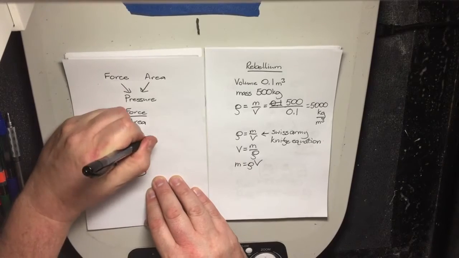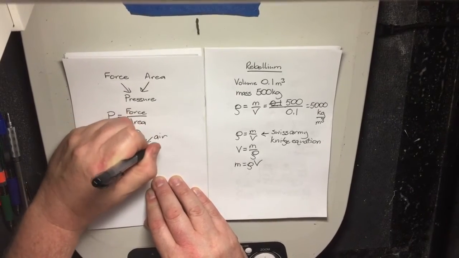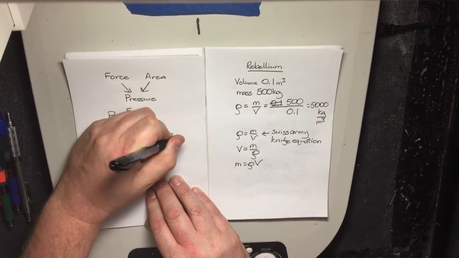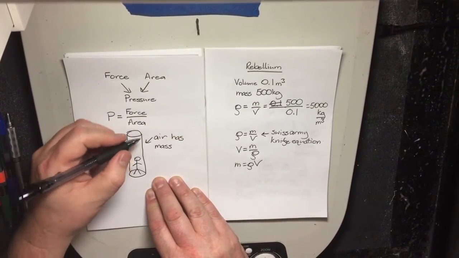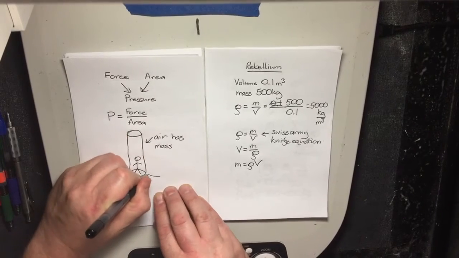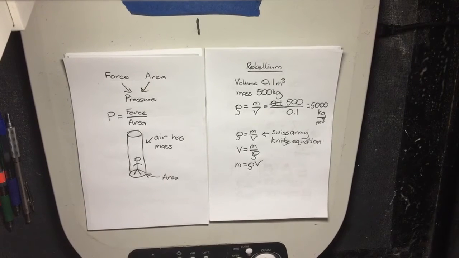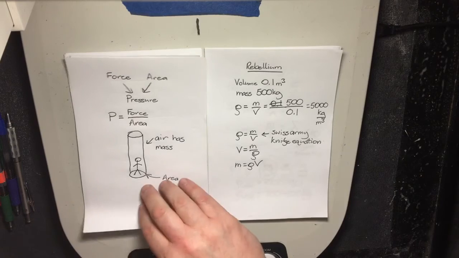And so this air has mass and also it has an area for the base, and so it's a lot like a big cylinder, like a big column of air. Now with this idea of all this air stacked up above you, we've got the idea of pressure, and so we need to kind of introduce a couple of topics.